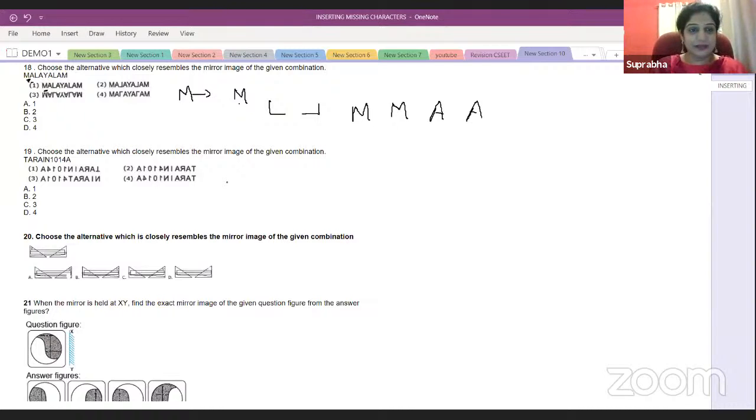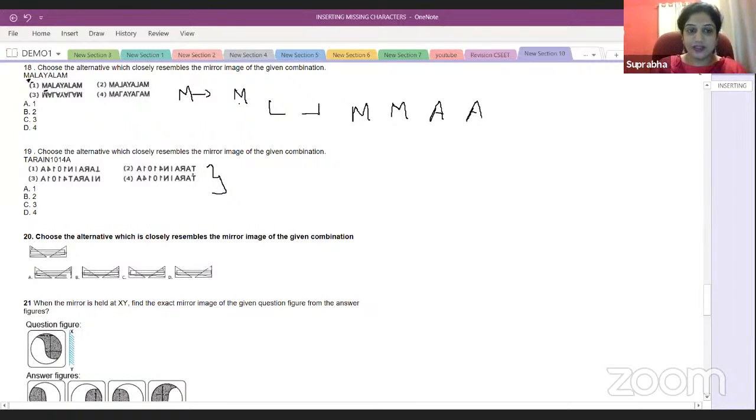Check it up again. Alphabet and number. Yes, all are right. Fourth is the correct answer. See, for what I told you in the Malayalam thing, right here, see, second and fourth have similar thing. They have done it in the same pattern.